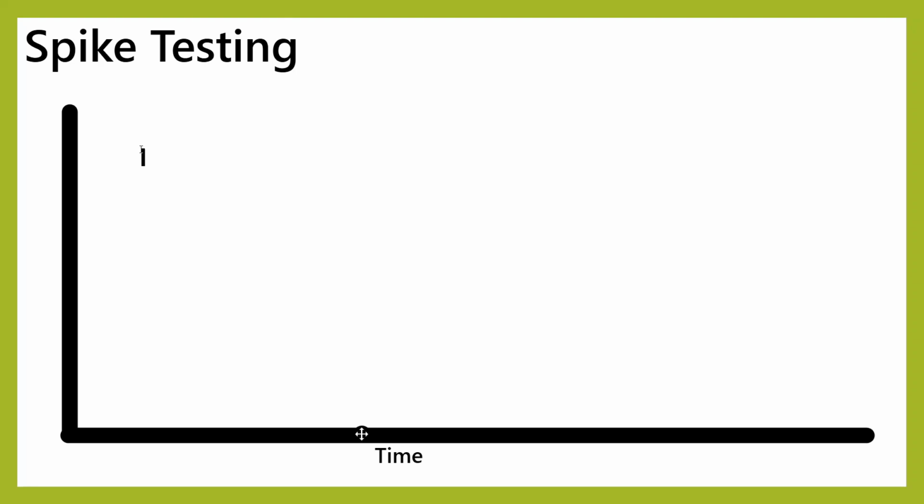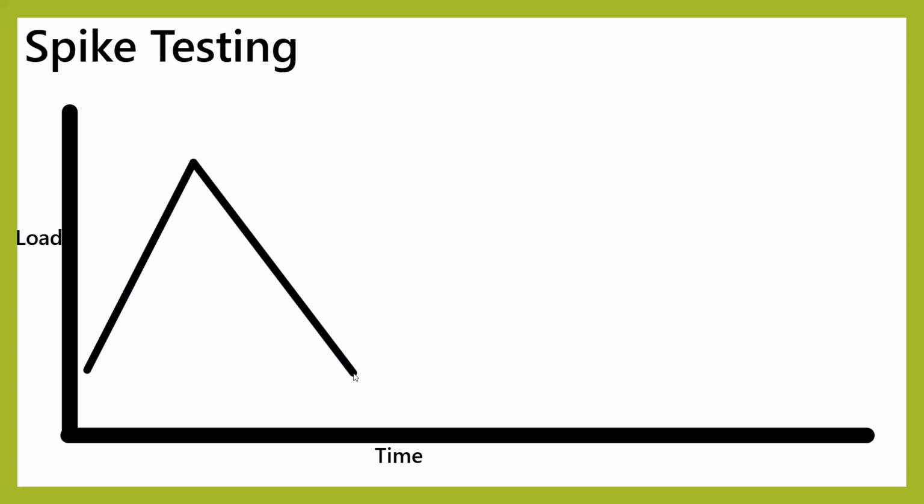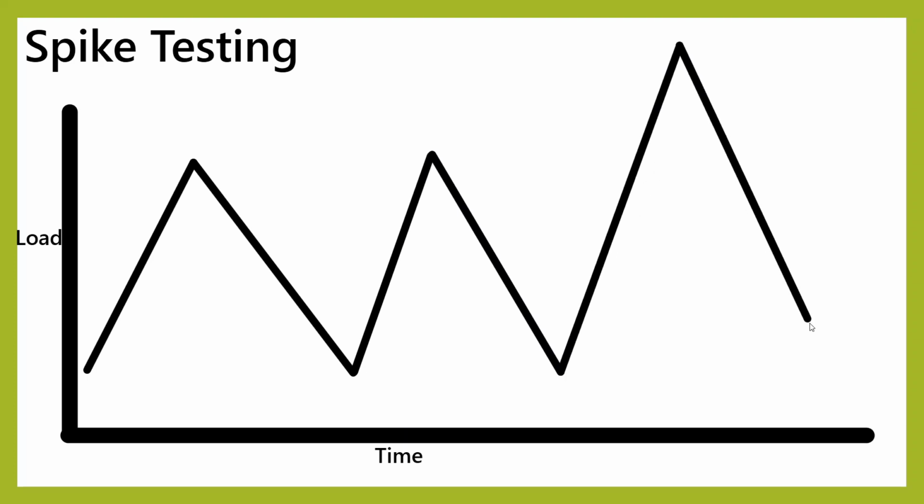Over the period of time, we would be putting on loads, right? So we would be increasing load. Now in what way? Let us just see that. Suppose we start with this particular point. I increase the load, then I decrease the load, then again I increase the load, then again I decrease the load. So I'm just putting in the loads to check whether the application is working fine or not, right?